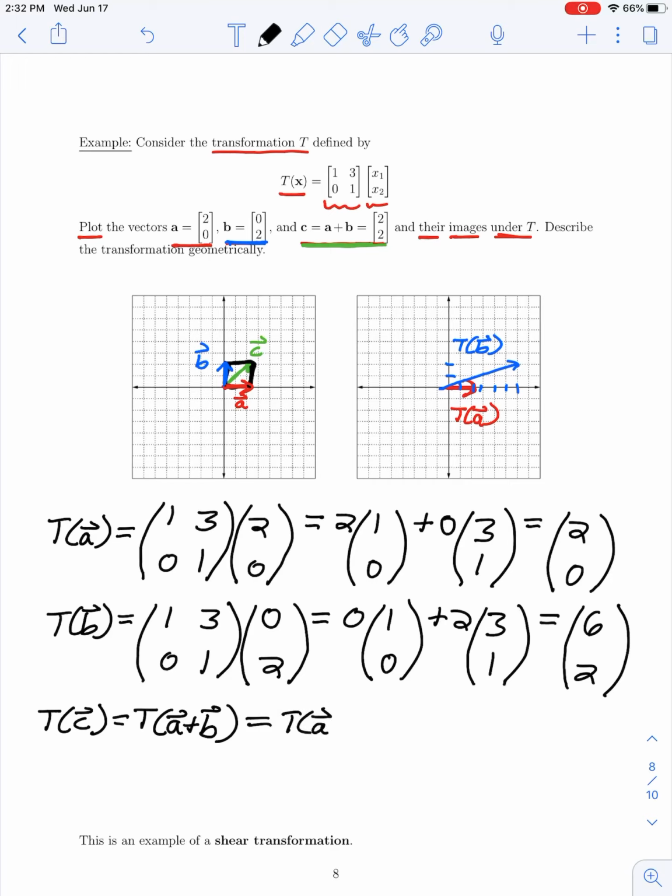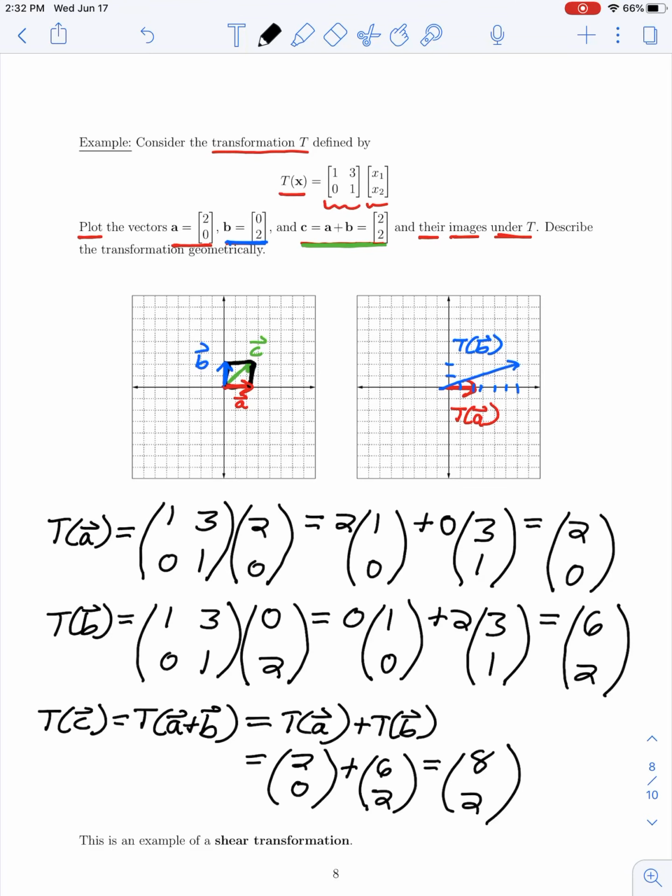So this would be equivalent to T of A plus T of B, which we found in our earlier work. So we would have T of A, which was (2, 0), plus (6, 2), which gives us (8, 2). So the transform of our vector C would be the vector (8, 2), shown here.